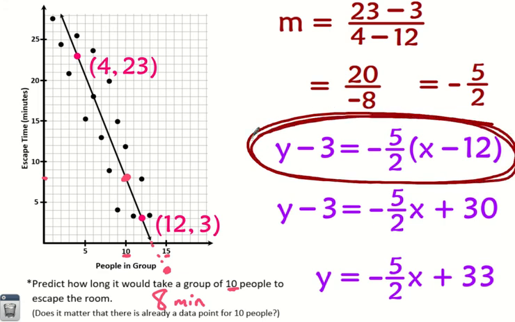But I don't want you to forget that if you are literally looking at your line, using this formula, plugging in your m and a point, it's not the only way to get your line.